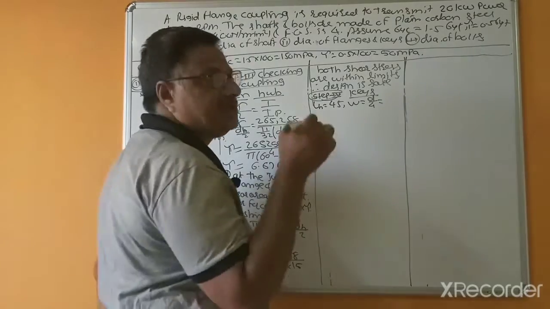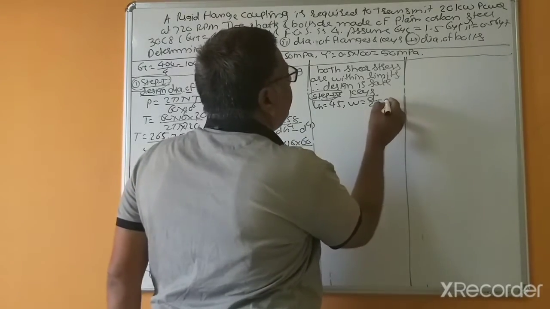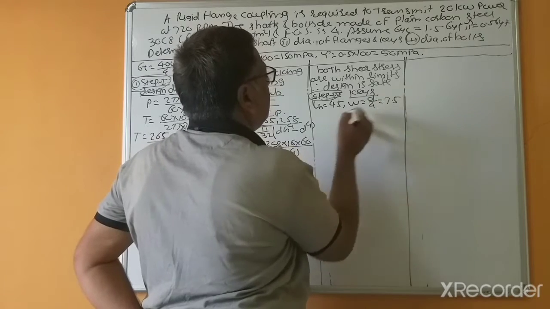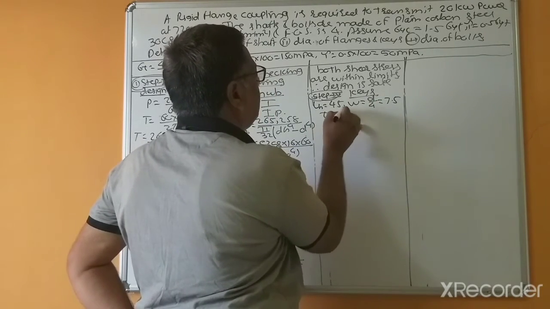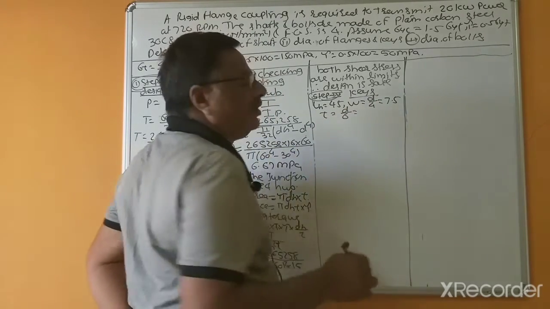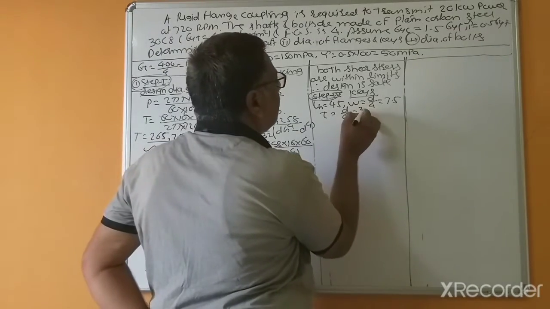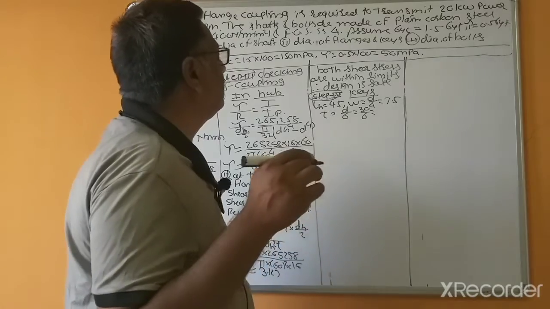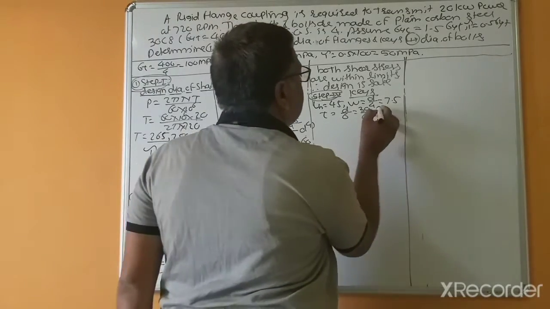That's why now this is 30 divided by 4 means 7.5, and T equal to D divided by 6. 30 divided by 6 means this is 5 mm.